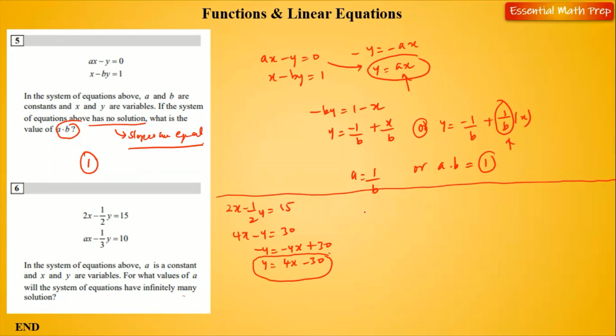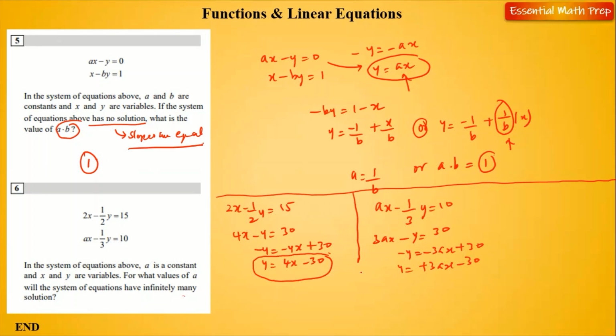The second equation is ax minus 1/3 y equals 10. So 3ax minus y equals 30. So negative y equals negative 3ax plus 30, so y equals 3ax minus 30, right?